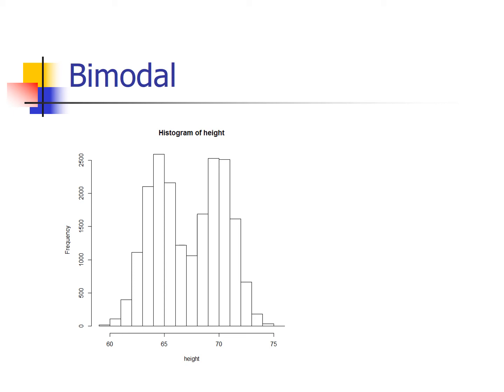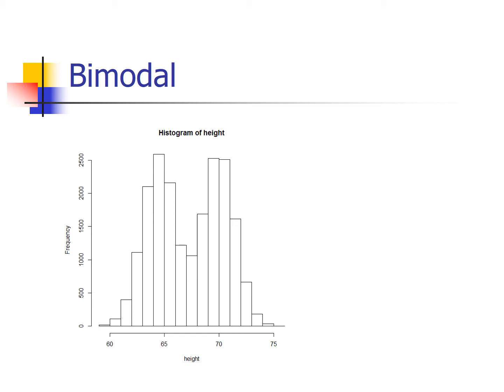If we were to try to ask the average height of a Westchester student, we'd get what looks like the peaks are right around 70 and 65. So if we asked the average height of a student, we'd get something like 67.5, between those two peaks. But that's a weird nonsense number. That doesn't actually represent anyone that well. It lumps the males and the females together.